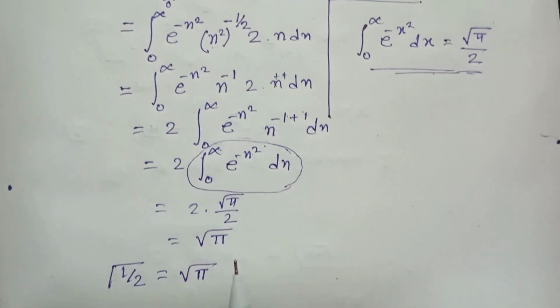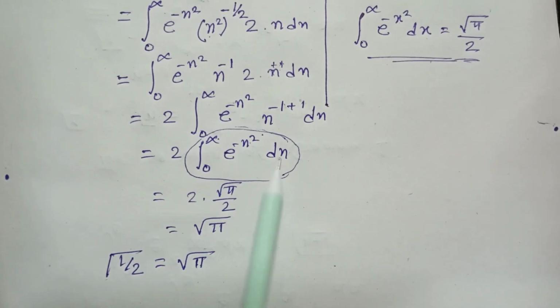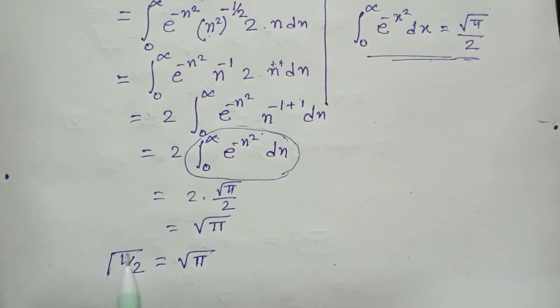After putting the value of this integration, we get 2 into root over pi by 2, the 2 gets cancelled out, and we have the result root over pi. So the value of gamma 1 by 2 is root over pi.